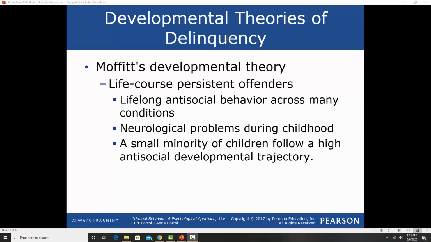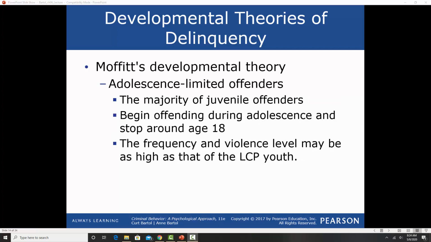A small minority of children do follow a high antisocial development trajectory. So the good news, if there is any here, is that the vast majority of juveniles that get into trouble are not life course persistent offenders. They will actually age out in their early to mid 20s. Also, Moffitt found with her research that 98.99% of life course persistent offenders are male.